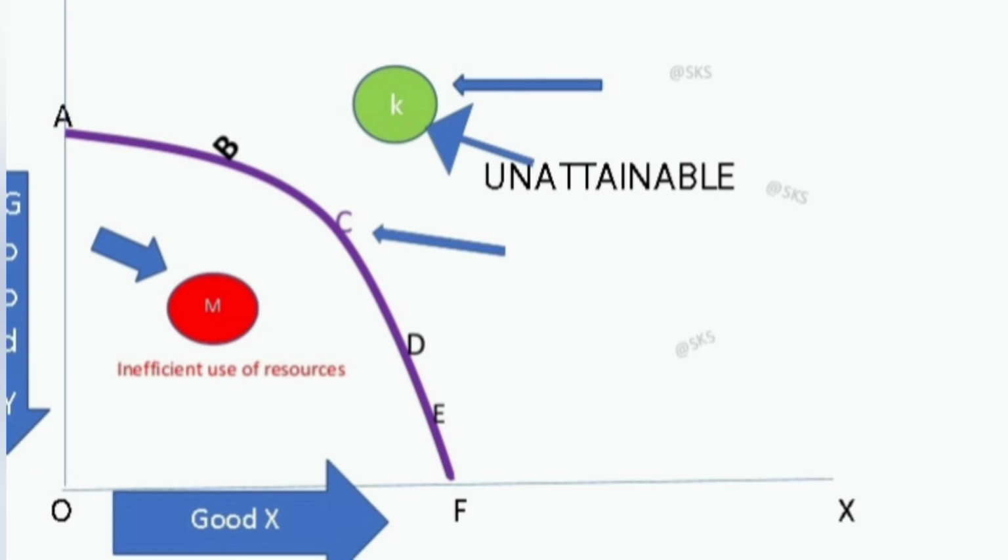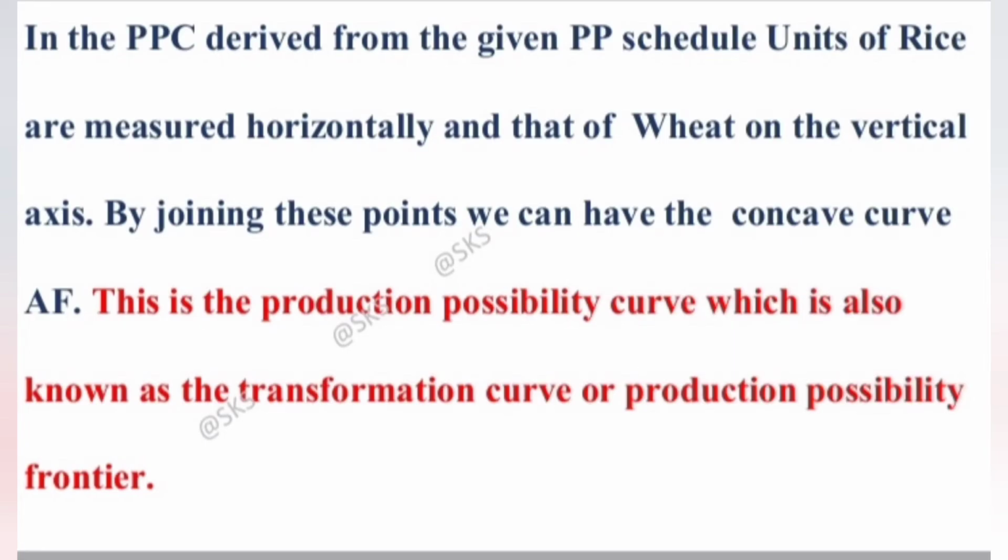It is functioning inside that curve, so point M means inefficient use of resources. But A, B, C, D, E, F, the different combinations, mean efficient use of resources. With that, more goods are produced. Then K is the unattainable point.